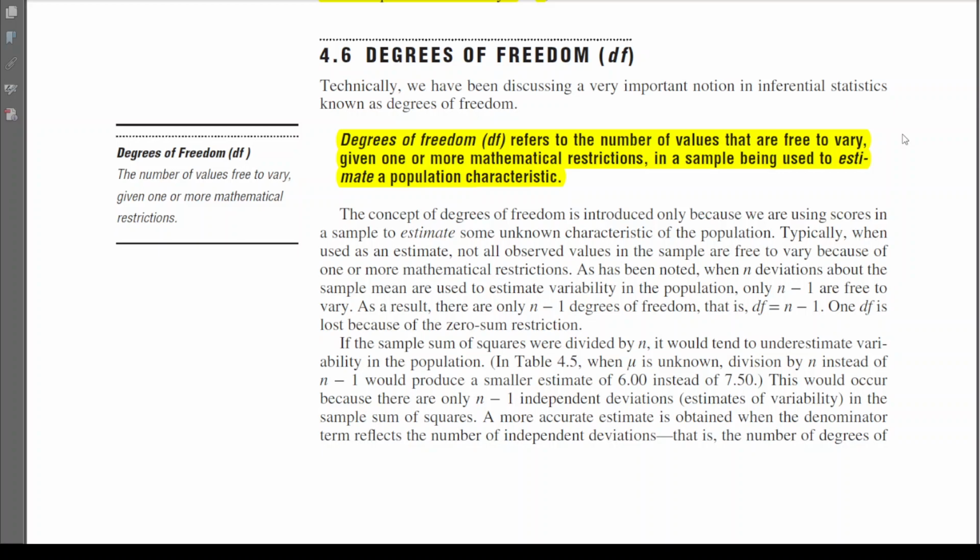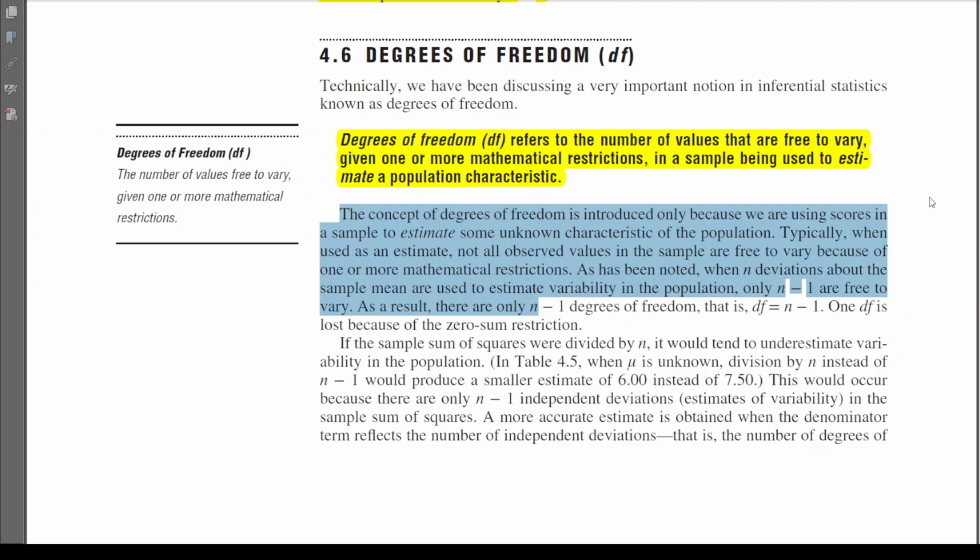The concept of degrees of freedom is introduced only because we are using scores in a sample to estimate some unknown characteristic of the population. So, this concept of degrees of freedom is used only when we are trying to infer something from a sample. If we are not trying to infer anything from the sample, we could have very well divided the total sum of squares by n.